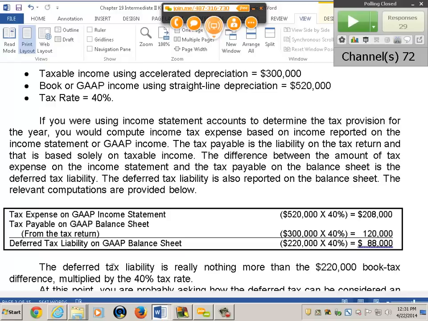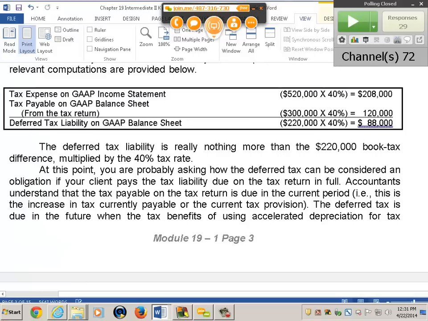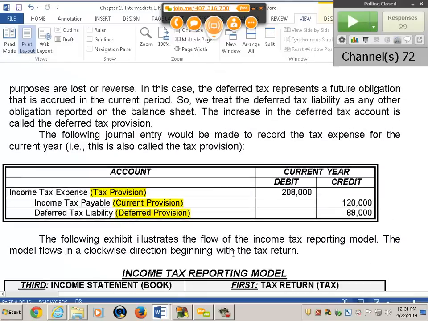So the journal entry that you would make in this case would be to debit tax expense for 208. That is called the tax provision. You're going to credit the increase or the change in tax payable. That's known as the current provision. And then finally, you credit the deferred liability, known as the deferred provision.